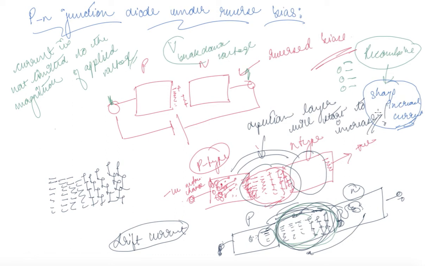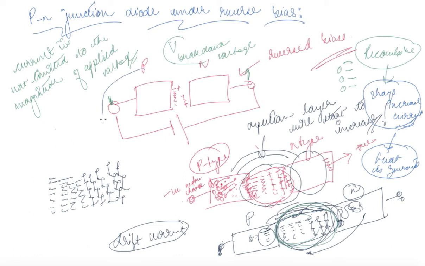And because of this sharp increase of current, that is flow of charges, heat is generated. And because of this generated heat, it can destroy the PN junction.